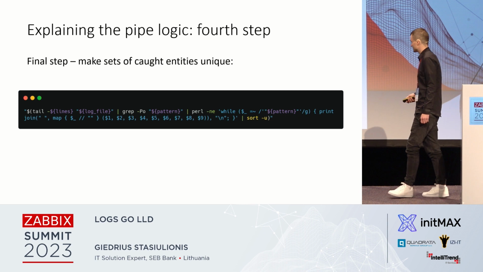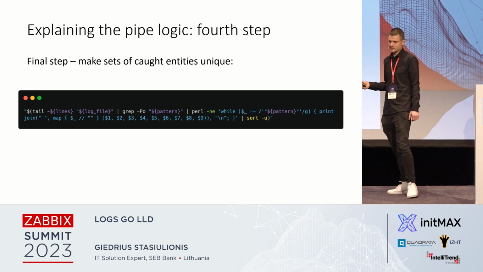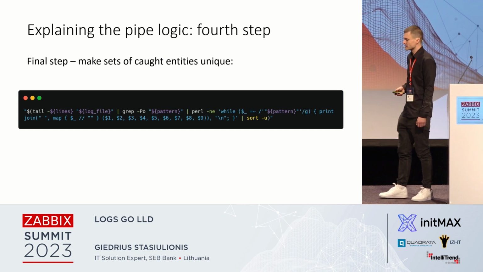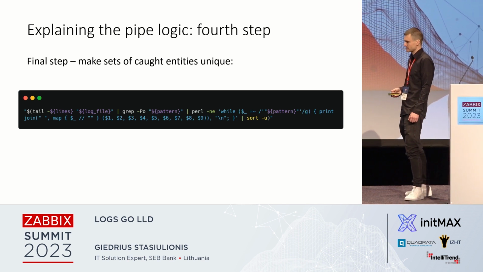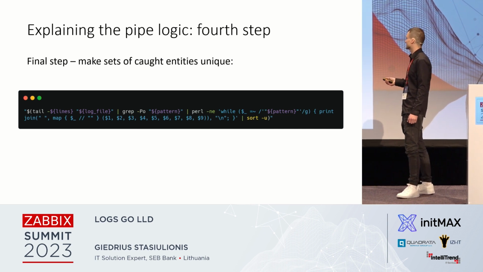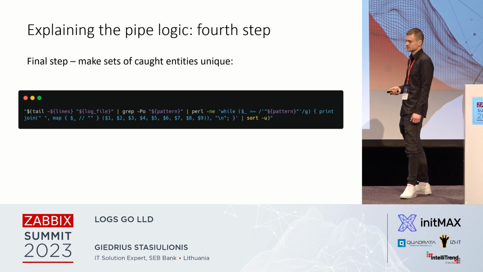The last step is sorting the data by uniqueness, because this is a criterion for discovery. Discovery would work even if you have some duplicated entries, but it would provide some error in the discovery GUI. So in order to avoid that, you already provide unique records in your sets of data.